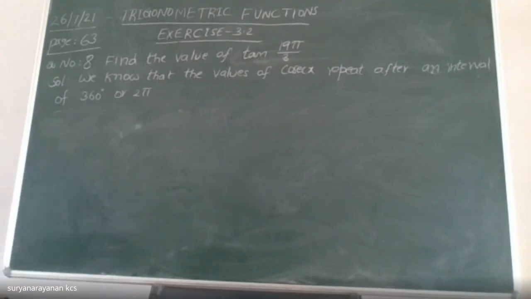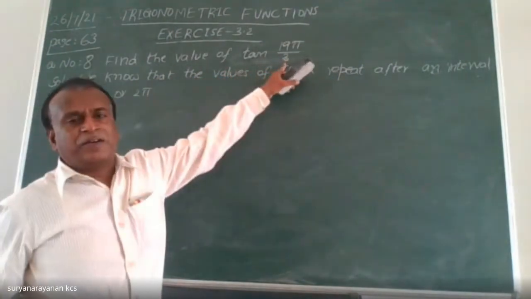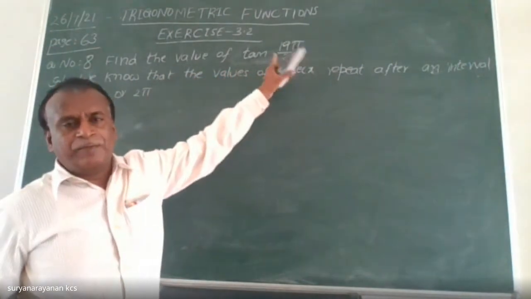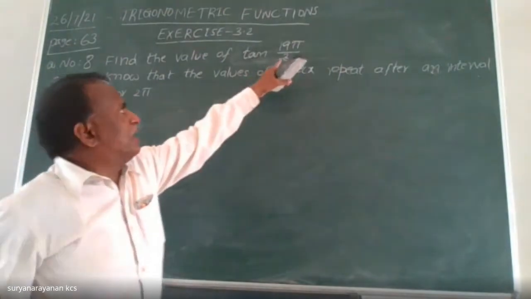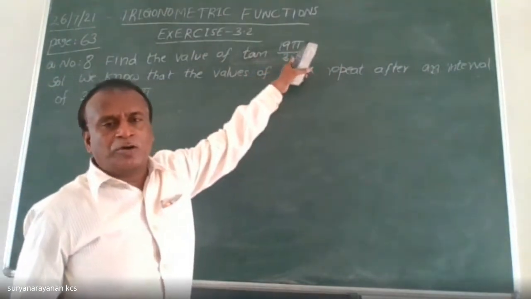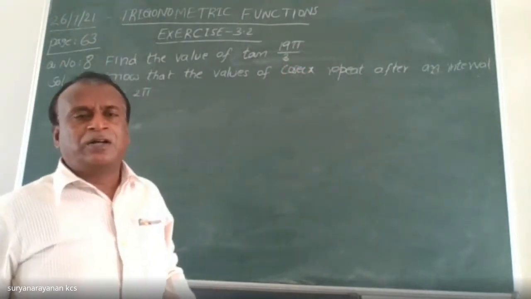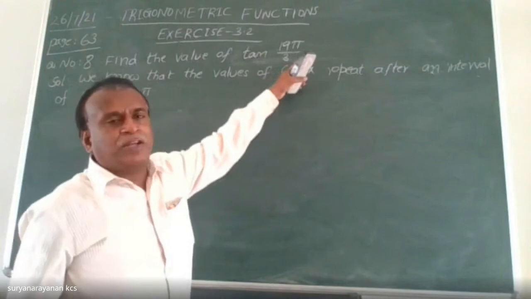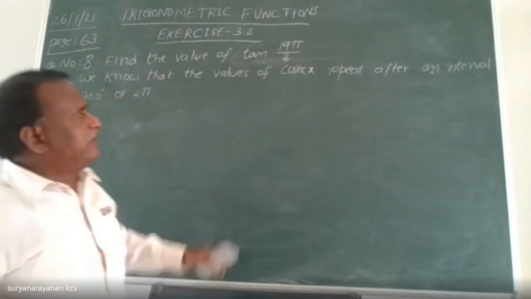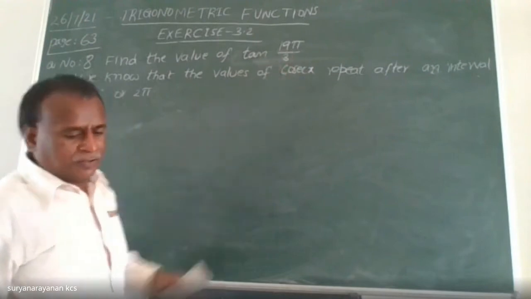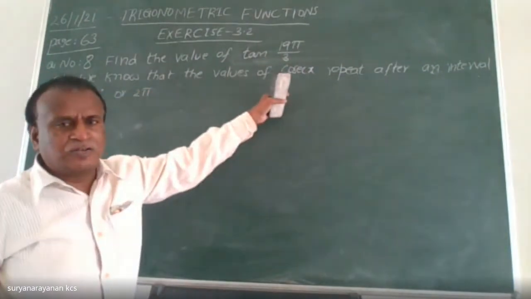See here, this angle is also given in radian measure. There are two methods. By converting this angle, you know how to convert a radian measure into degree measure. Otherwise, directly we can go through this radian measure. I will explain with the radian measure. So just rewrite this sentence for all these questions.